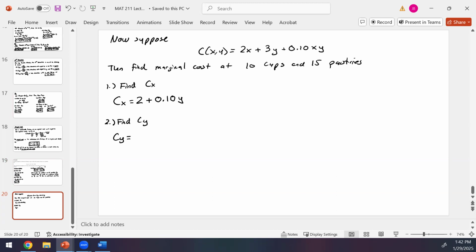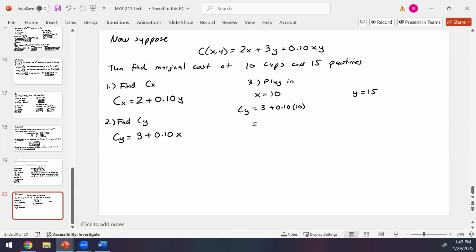Okay, step 2, find cy. So cy is equal to 0 plus 3 plus 0.10x, like that, right? And then step 3 is, okay, we're going to plug in. So when x is equal to 10, right? And when y is equal to 15, cy is equal to 3 plus 0.10 times x, which means 10.